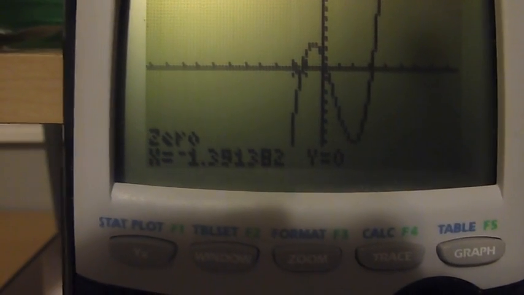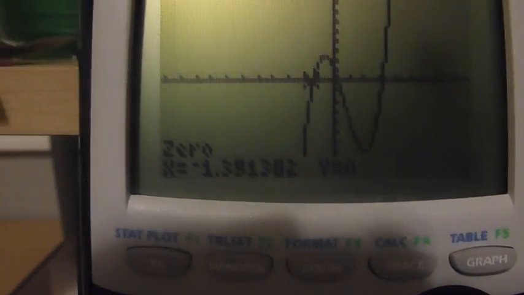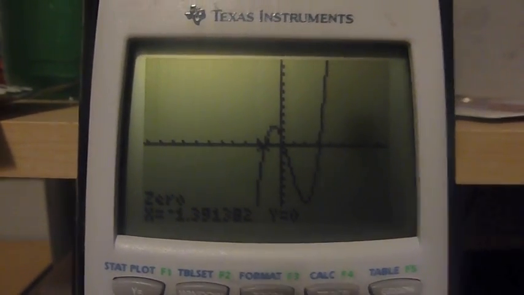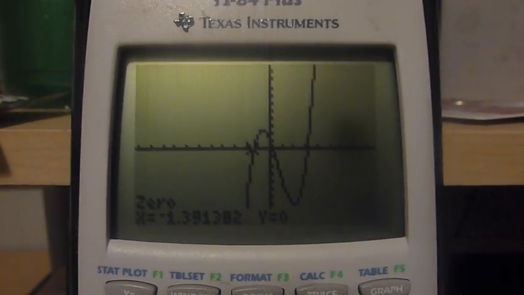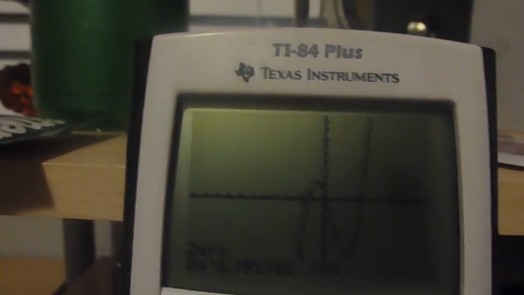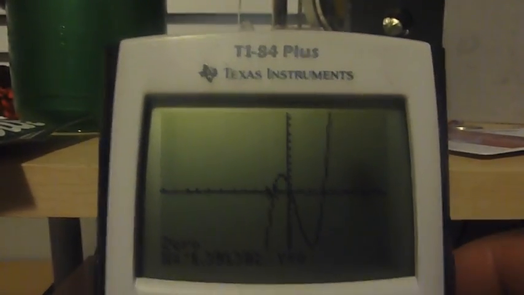That's the zero we're guessing on, and this has a multiplicity of 1, and we repeat the process for the other points.